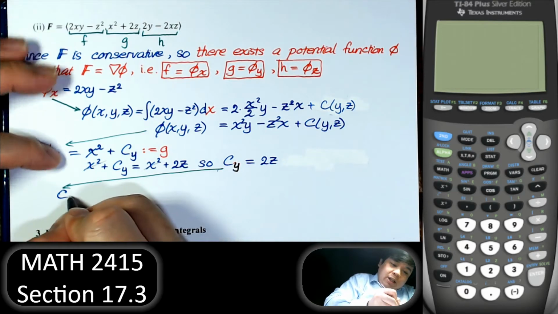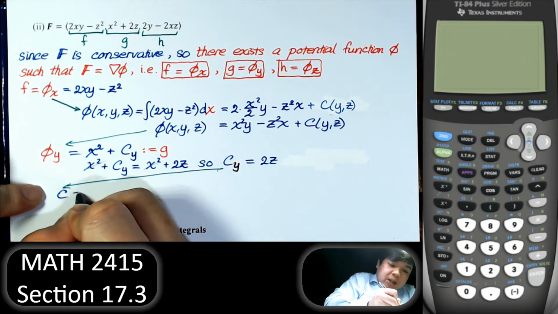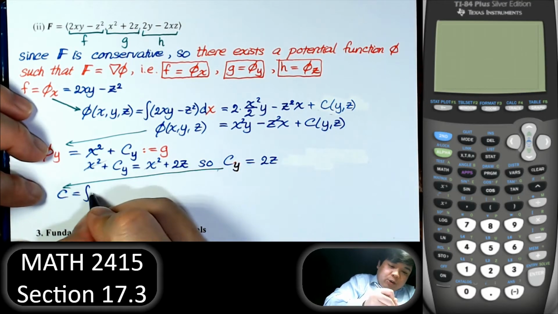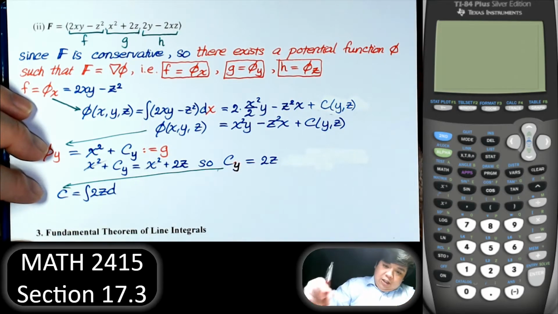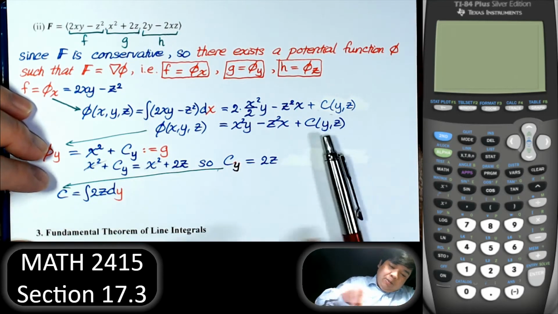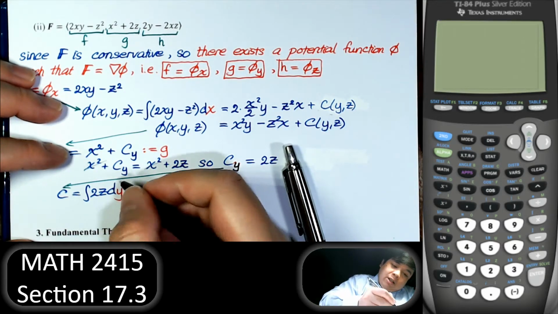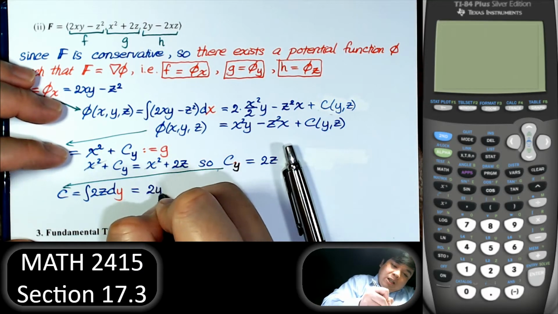So c is equal to the integral of 2z with respect to y. So that gives us 2yz.